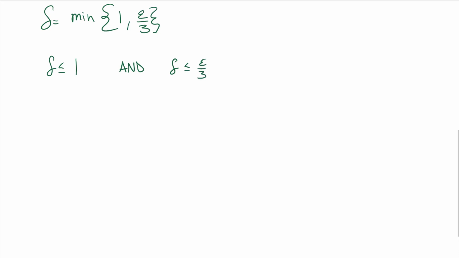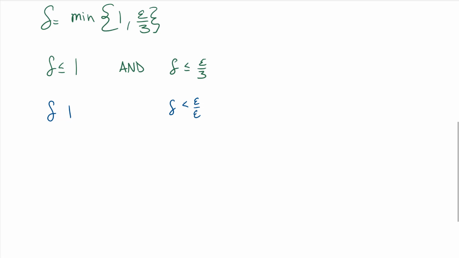If delta is equal to the minimum, it's equal to one of them, so one of these is just an equal sign. But let's say, for example, if delta was actually equal to 1, then 1 must be smaller than epsilon over 3. Therefore, since 1 is smaller than epsilon over 3, and your delta is equal to 1, that would be true.